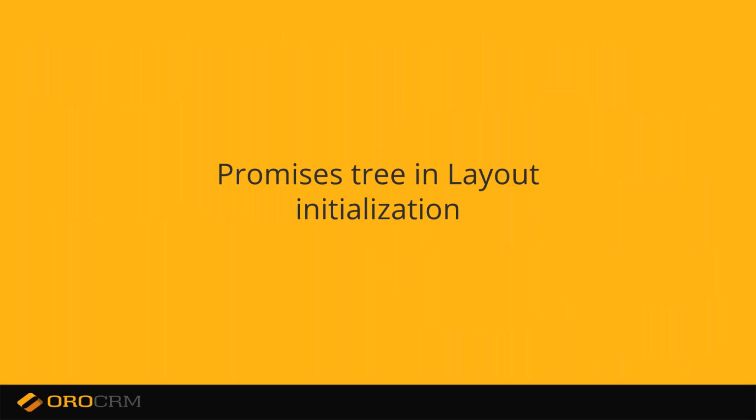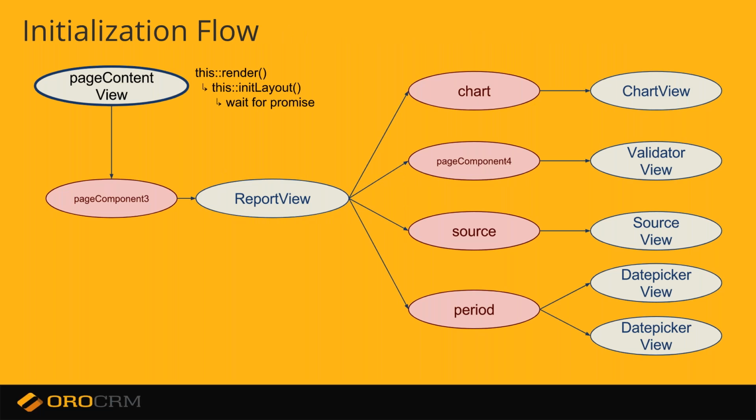Let's review one more time how initialization and rendering promises are handled. First, we call the render method of the page component view, or page content view, once it handles the page update event of the controller. Once the HTML is updated, the page component view will invoke the init layout method and will pass the promise to the controller.